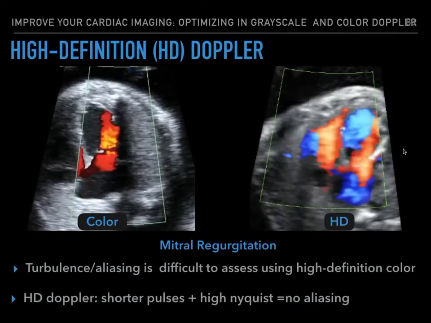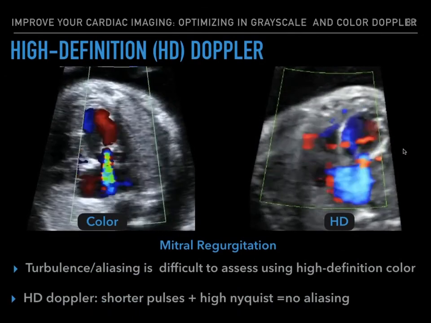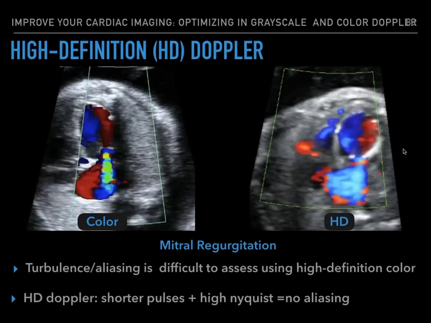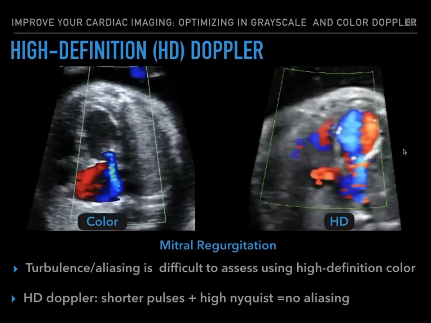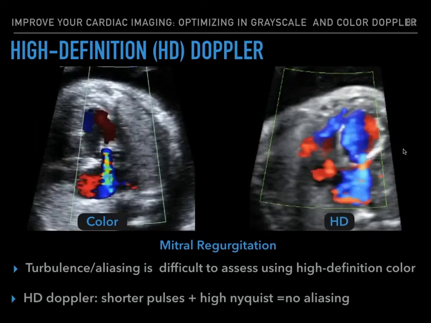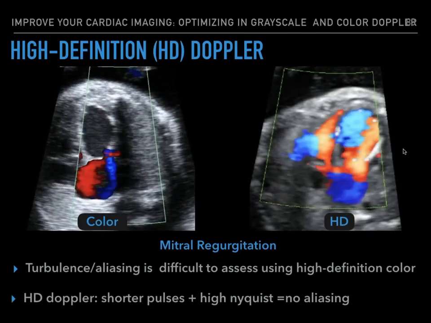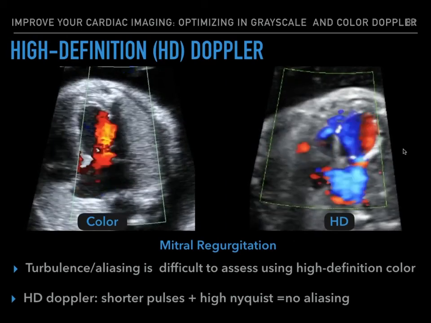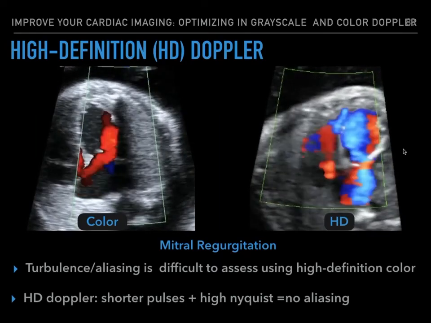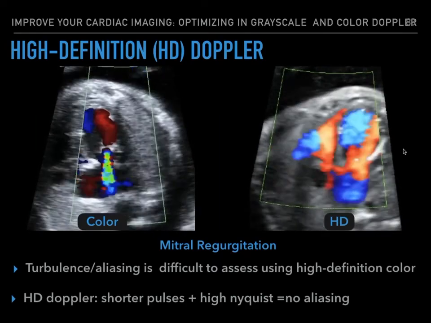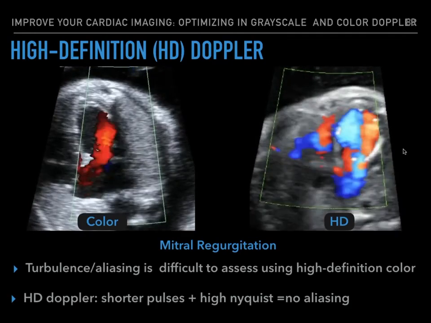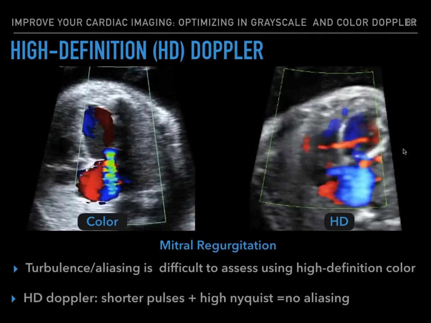These are two clips just demonstrating mitral regurgitation. Color Doppler displays aliasing while high definition does not display it as well as color. The reason for this is that high definition Doppler has shorter pulses compared to conventional color Doppler. Shorter pulses allow for a higher pulse repetition frequency, therefore raising the Nyquist limit and improving the aliasing artifact.